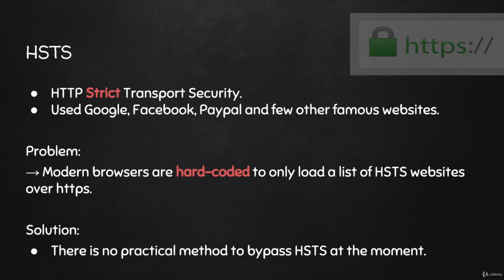So even if we try everything that we can and try to downgrade this connection to HTTP, the browser will just refuse to load this page because it knows that this page has to load over HTTPS. Now, so far there isn't a practical way of bypassing HSTS. There was, but that got fixed. But I will update you as soon as there is a new way to bypass it.